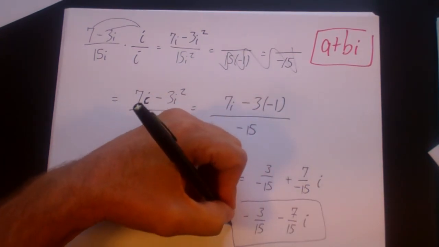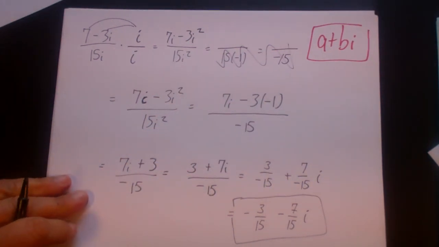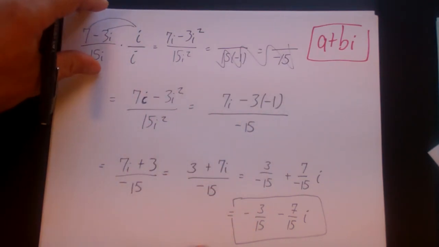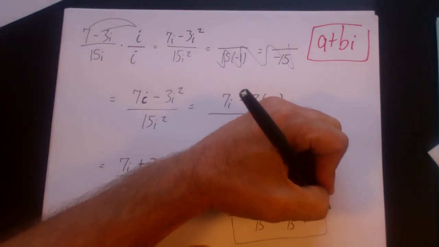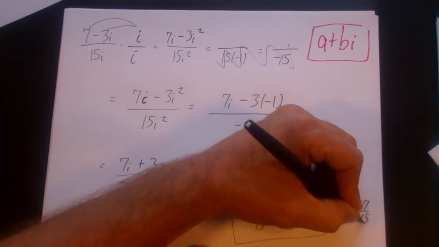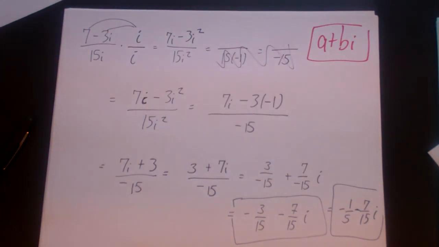And that's an excellent answer there. We can actually simplify it just a little bit more. If you notice, 3 goes into both the 3 and the 15. So a final answer could be minus 1/5 minus 7 over 15i. And that's how you divide complex numbers.